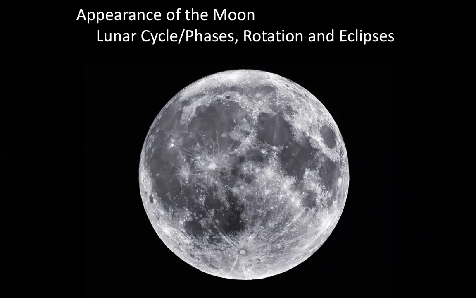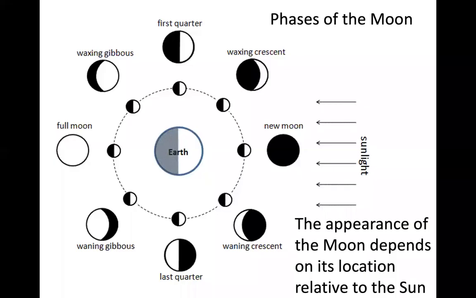You can sometimes see a full moon, you can sometimes see a crescent moon, and this is its own thing, because what we're seeing here is the effect not only of how the moon moves relative to the Earth, but also how the moon moves relative to the sun, because unlike the sun, the moon does not emit its own light. It's all light reflected off its surface that comes originally from the sun. And this is why the moon has phases.